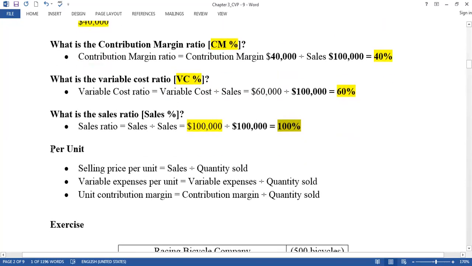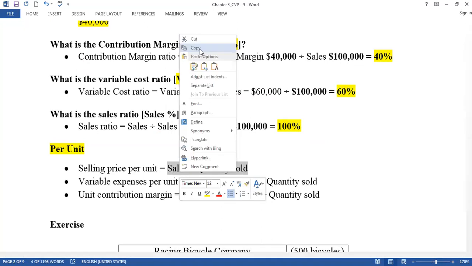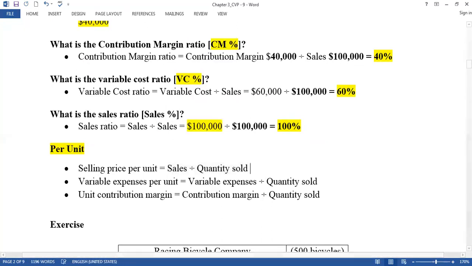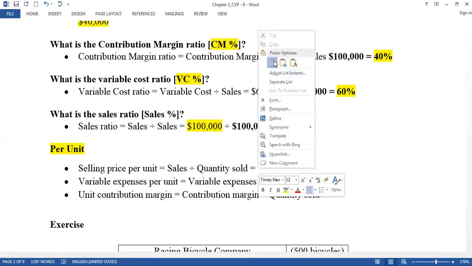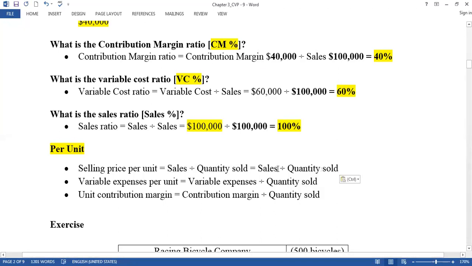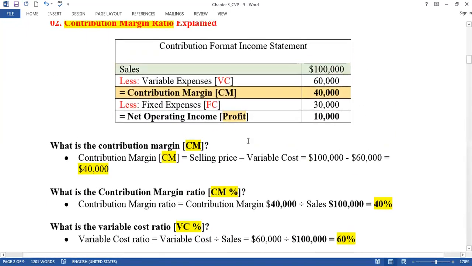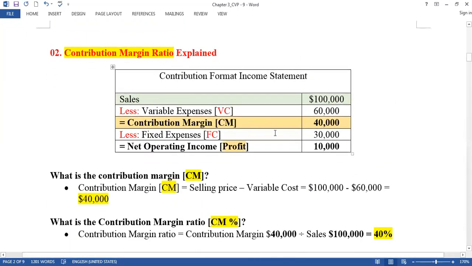Now you should know how to calculate per unit. Selling price per unit equals sales divided by quantity sold. If you want to calculate the per unit selling price, the formula uses sales, which is $100,000, and how many units we sell according to this question we don't know.